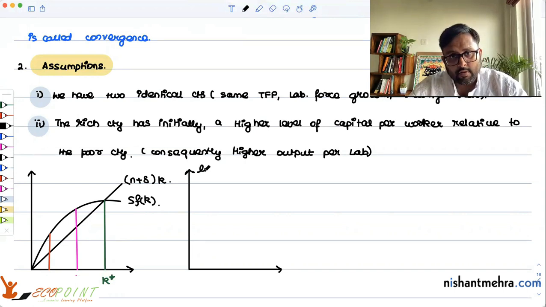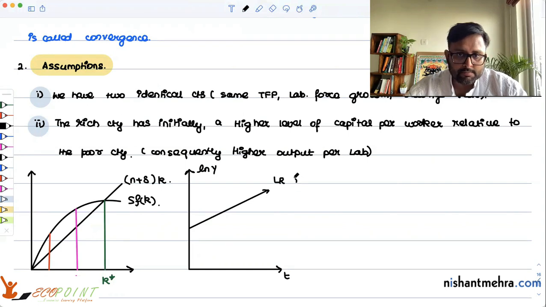You have log of capital, Y and T out here. And this is, let's say, the long run growth path. This is what we have as the long run growth path.